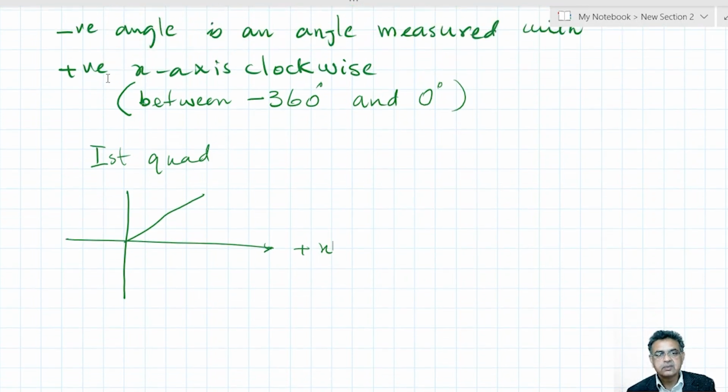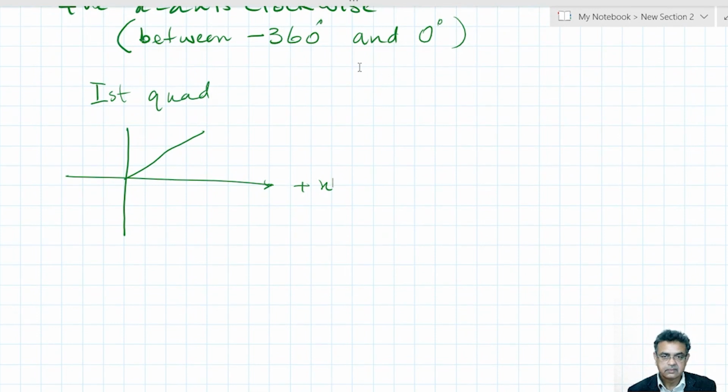So according to this definition, we have to move clockwise with positive x-axis. Clockwise, we keep on moving until this line. So this angle is negative angle. You can see that we move anti-clockwise this way.